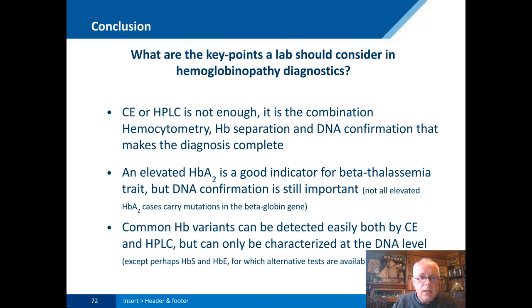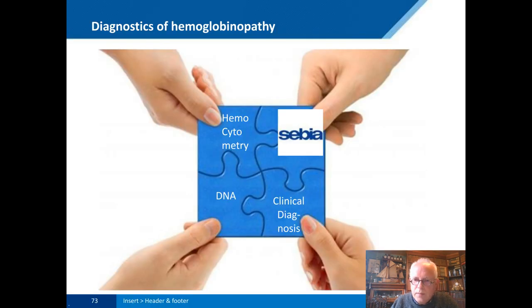In Asia, it's very frequently done. It gives a turbidity when hemoglobin E is present. But alternative tests are, in my opinion, not available for other hemoglobin variants. So it is wise to do DNA confirmation in those cases.